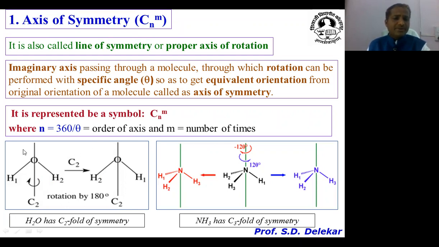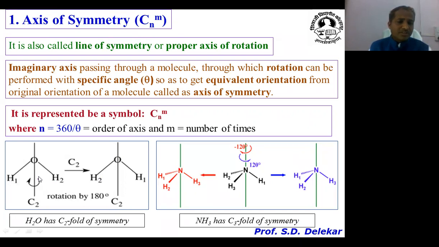Now take water as an example. We know that water has an inverted V shape, with two hydrogens, H1 and H2. Let us consider an imaginary axis passing through the oxygen atom.